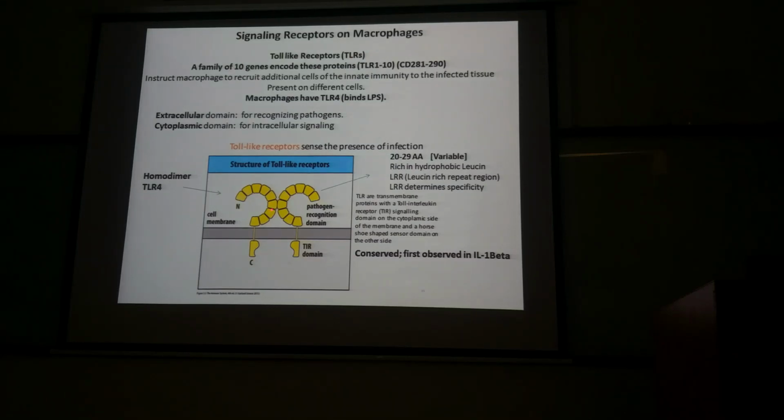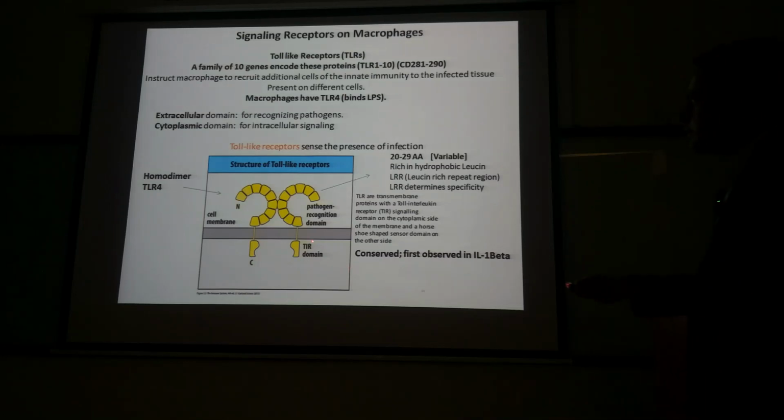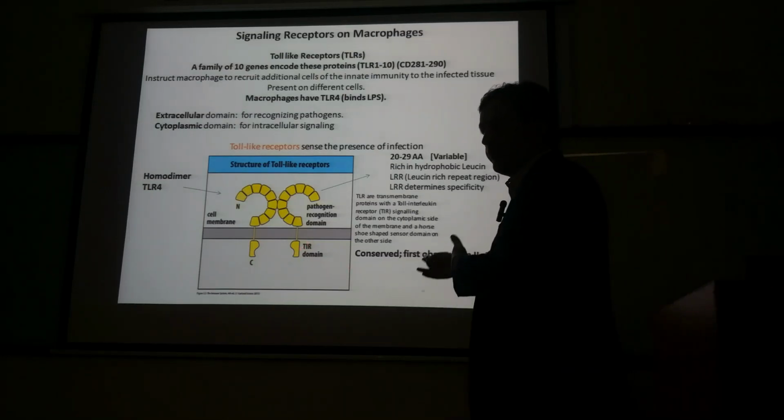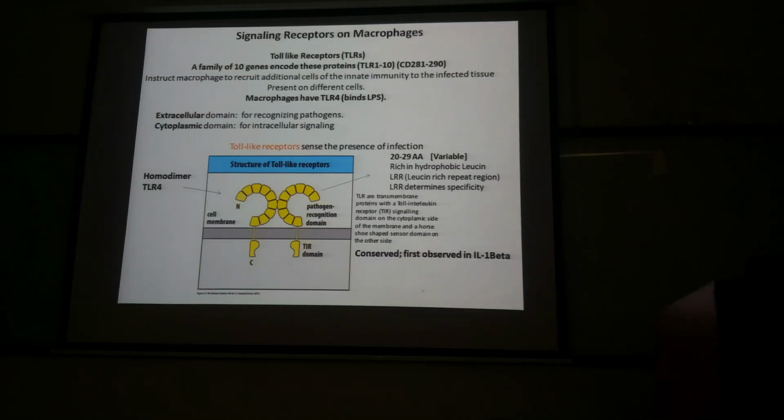When the pathogen is recognized here at the surface of the macrophage with the help of these receptors, then the signal is transmitted inside with the help of this domain of the Toll-like receptor. The signal would be transmitted inside to some other proteins.